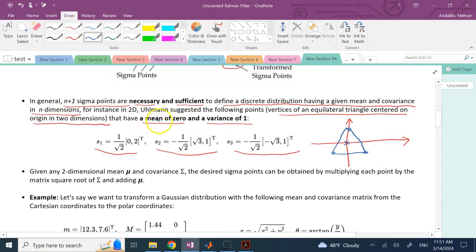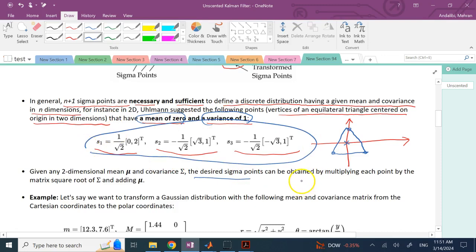Here, he was focusing on an average of 0 and variance of 1. What if the average of the original data is not 0 and their variance is not 1? Then he said that what you need to do is take the desired sigma points that you have here and multiply them by the matrix square root of the sigma, that in this case is not 1, and then add that mu, which is not equal to 0.